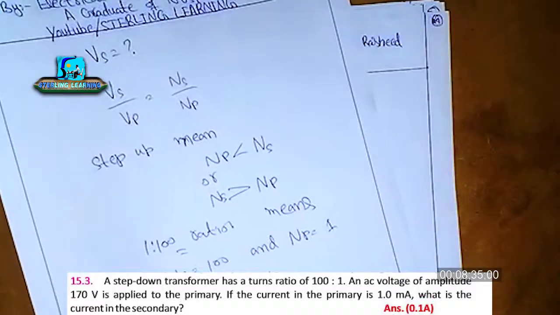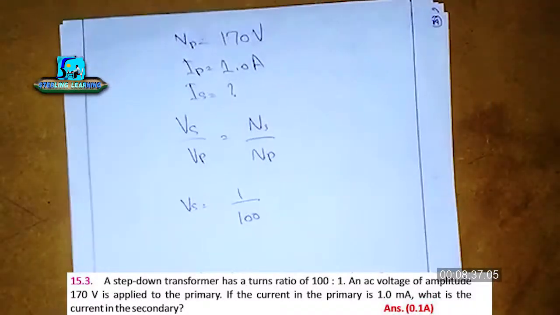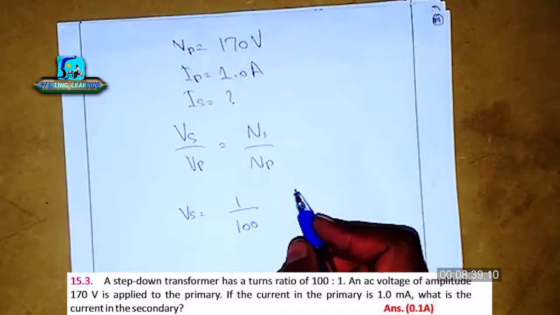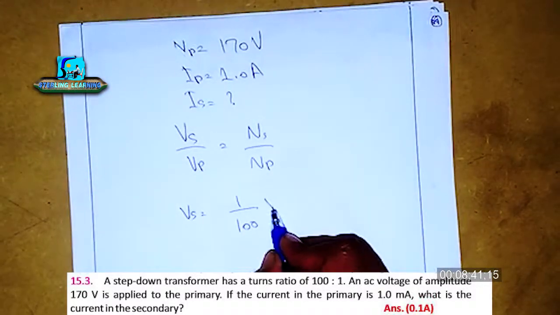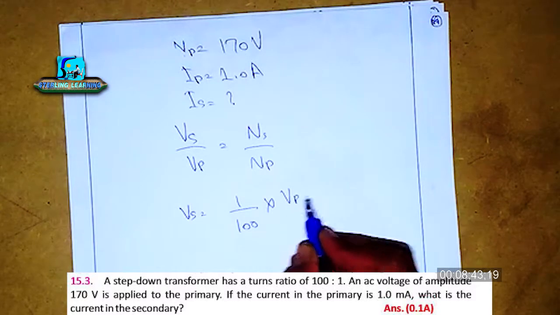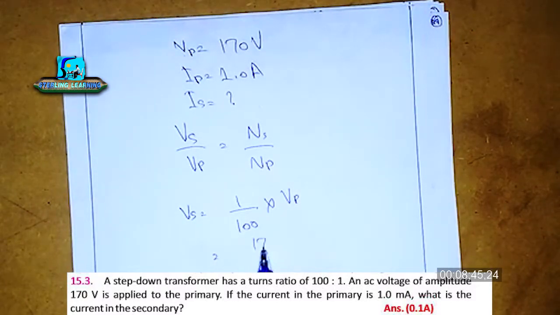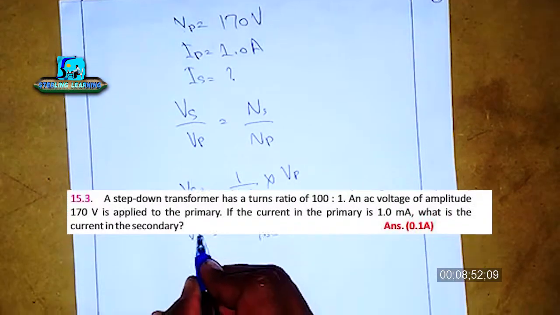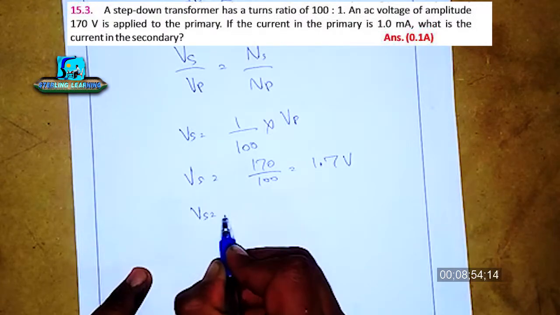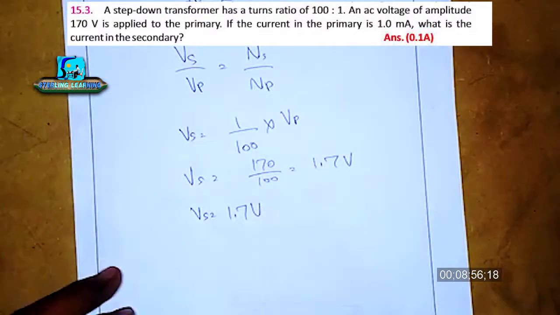So Vs is 1 over 100 into Vp. Vp is 170, so 170 over 100 is equal to 1.7 volts. Vs, the voltage in secondary, is 1.7 volts.